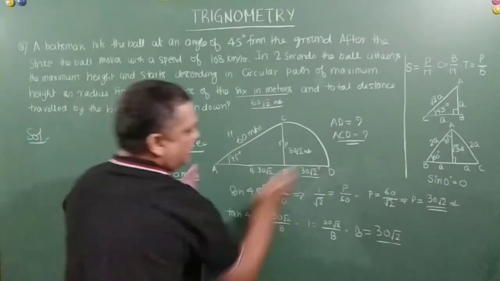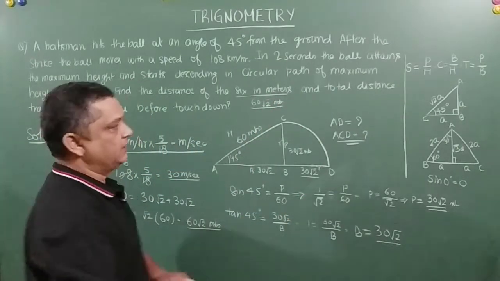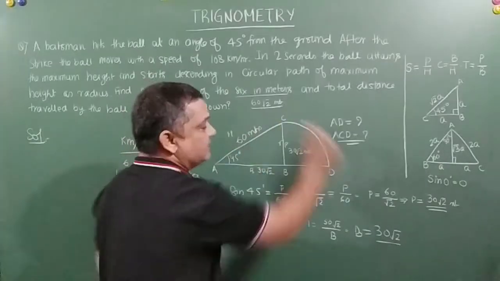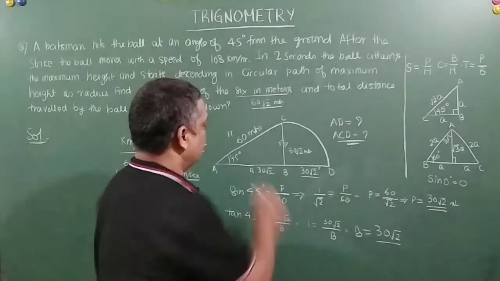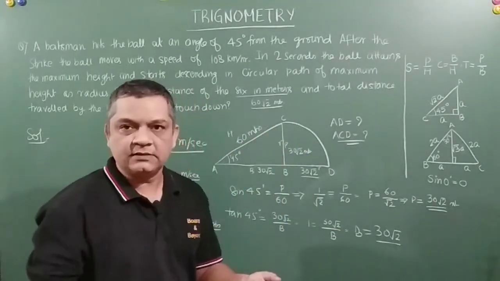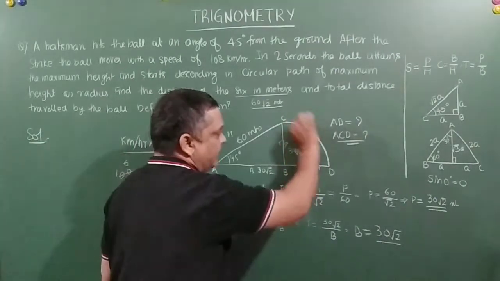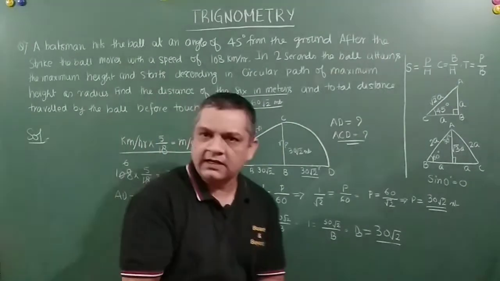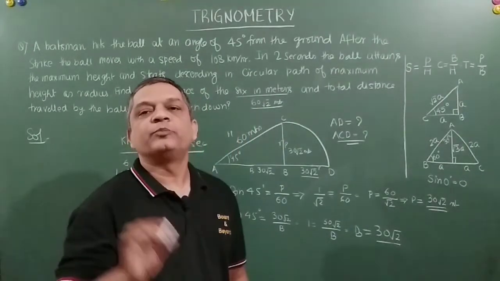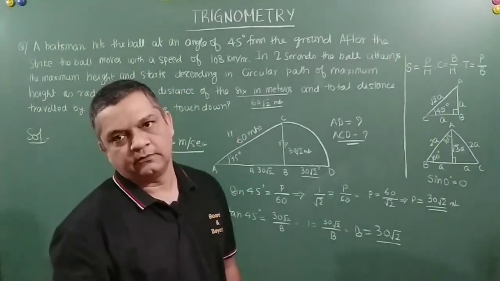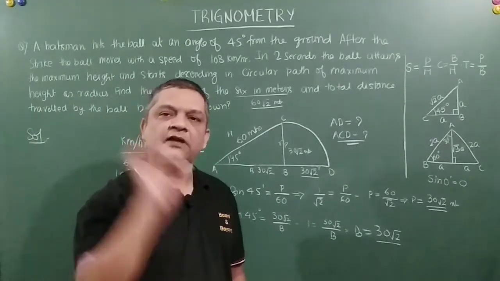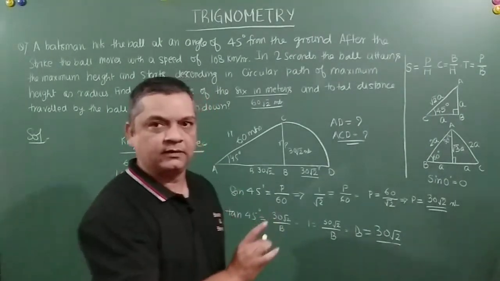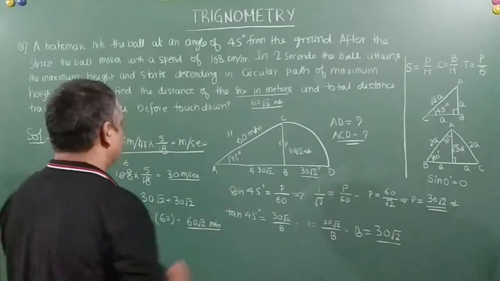Right? Now the second part of the question, which says, what is the distance the ball has travelled? Okay, so we know AC is equal to 60 meters, and then this distance, or this trajectory, is nothing but 2 pi r divided by 4. Circumference of a circle divided by 4, the fourth part of it. Right? So let's do that also.